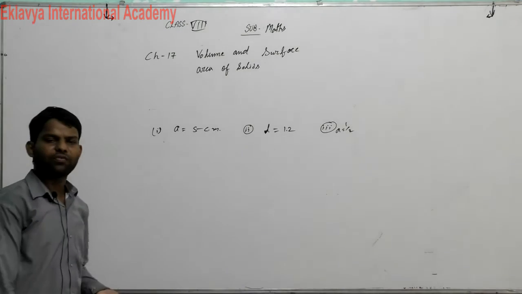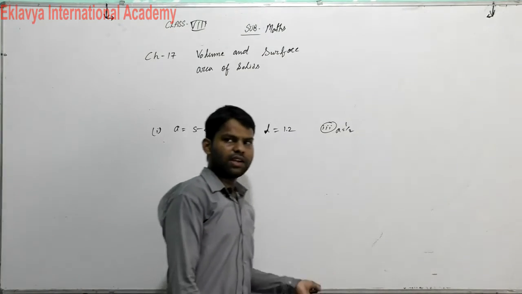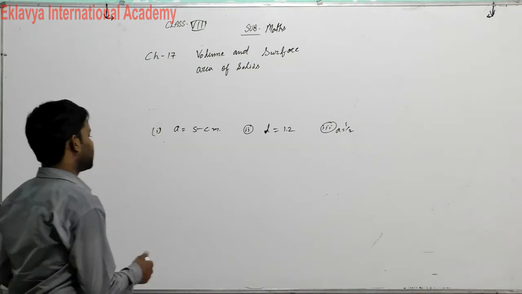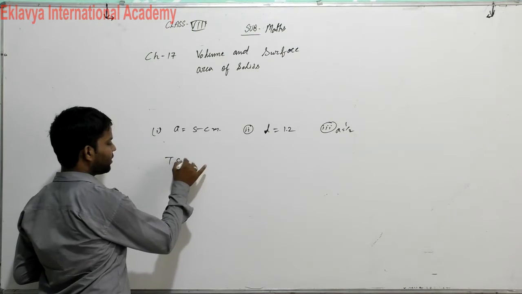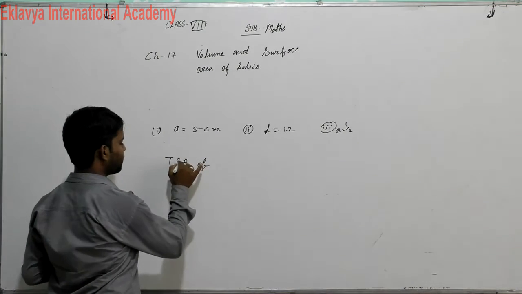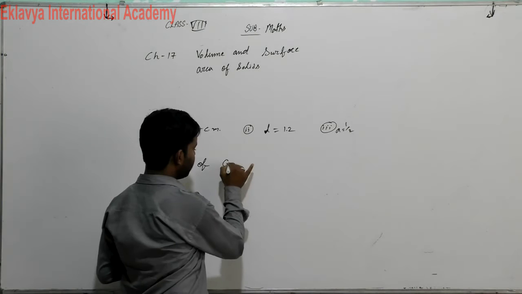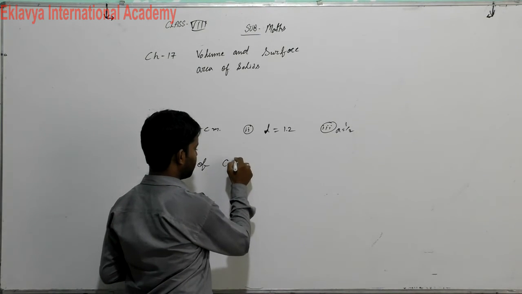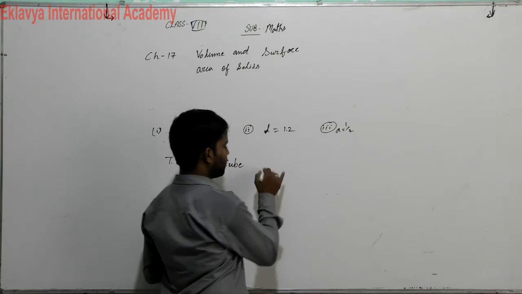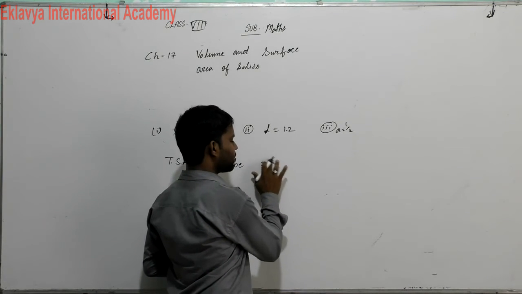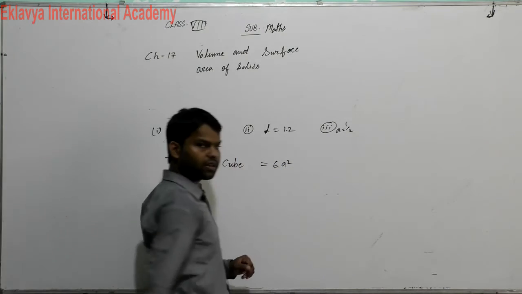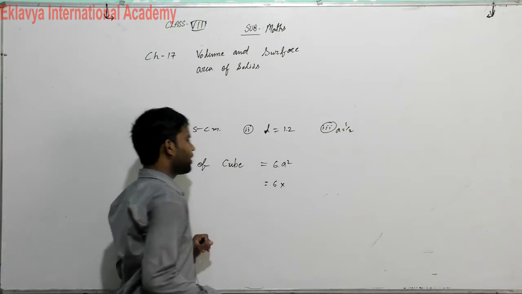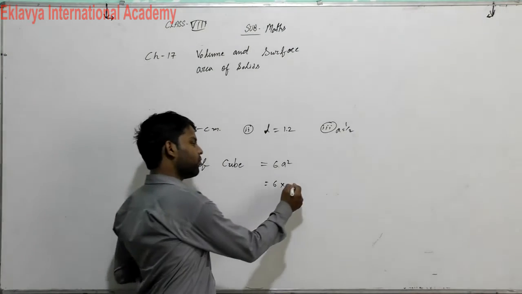Now here we want to find out TSA of cube. So how to find TSA? See here, TSA of cube is 6a square, is equal to 6 multiplied by a, which is given how much? 5.